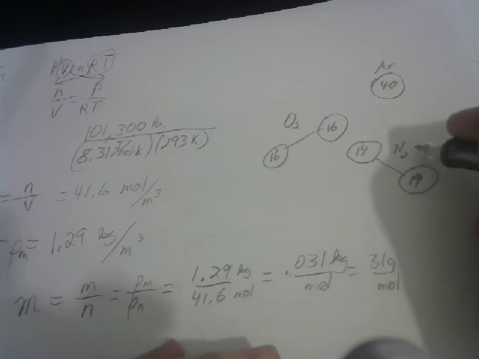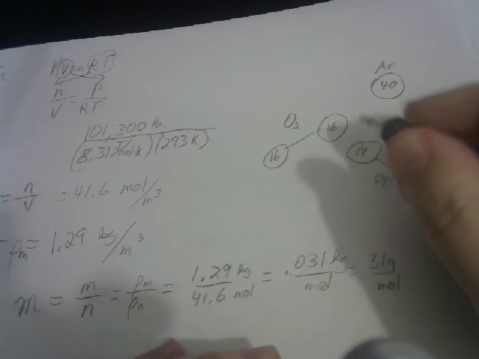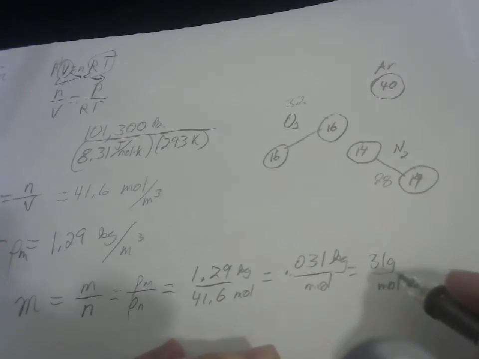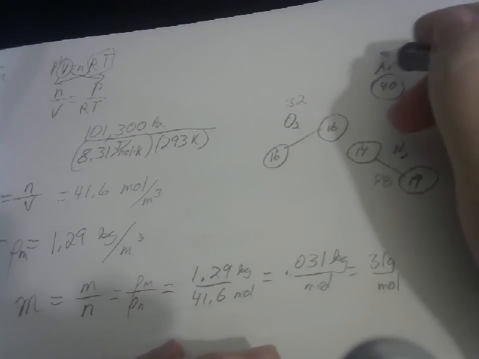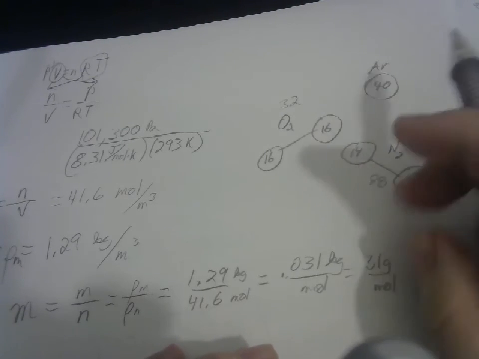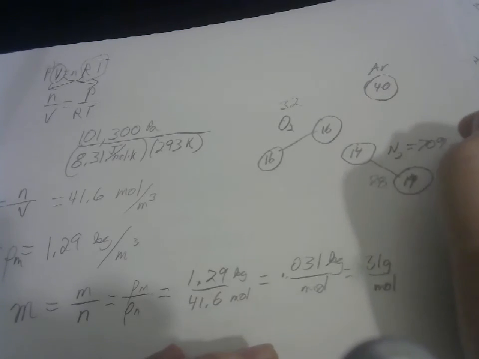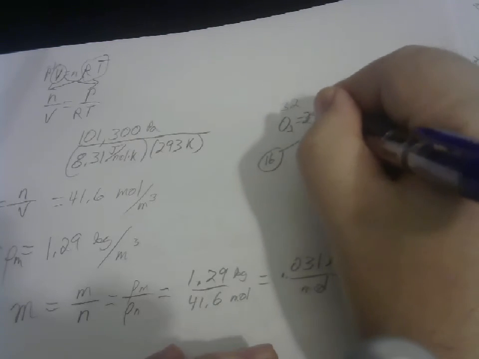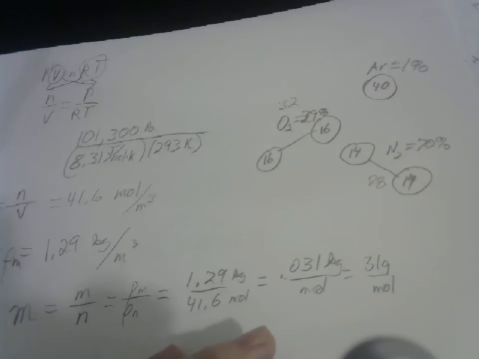So nitrogen has a molecular mass of 28, and oxygen has a molecular mass of 32. So that would suggest that there's more oxygen, but there's also this other substance in there that's not often mentioned, argon, which has an atomic mass of 40, which pulls up that average. And there's about 70% nitrogen, about 29% oxygen, and about 1% argon, and the rest is a bunch of trace gases.